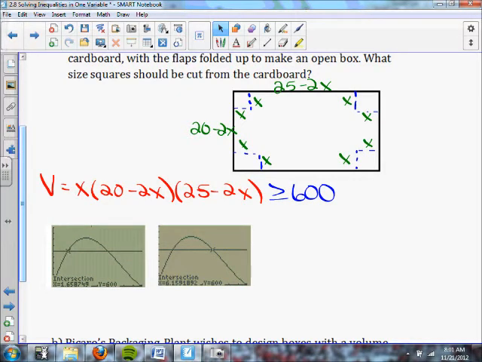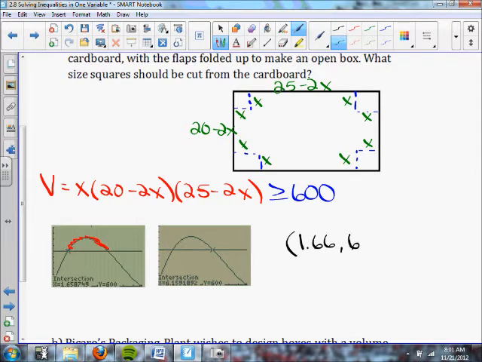So these are our two intersection points. We have 1.66 inches and 6.16 inches. So where is it greater than or equal to 600? Well, it's greater than or equal to 600 here, right? So our answer will be this, and that is in inches.